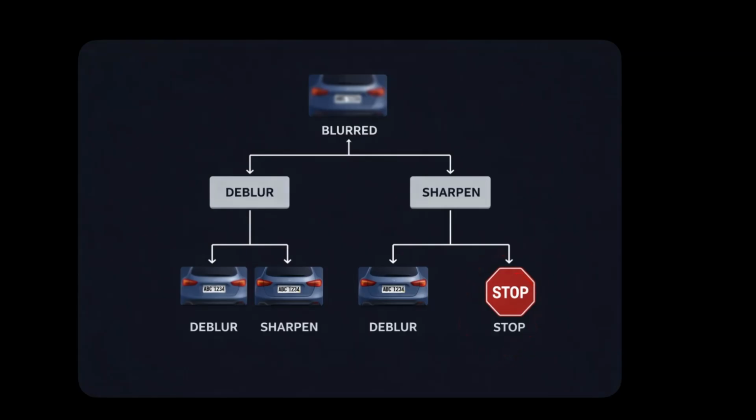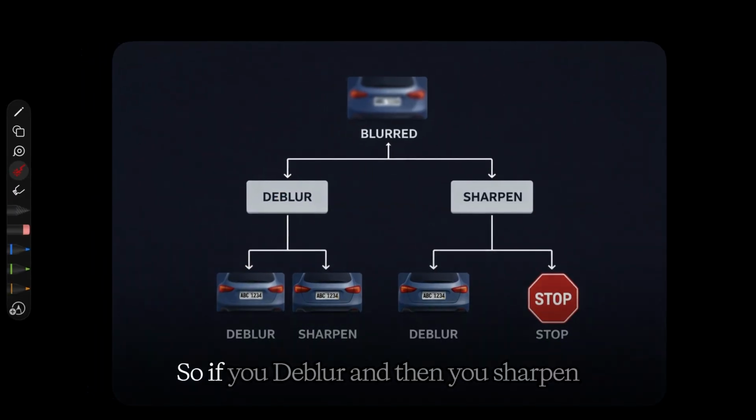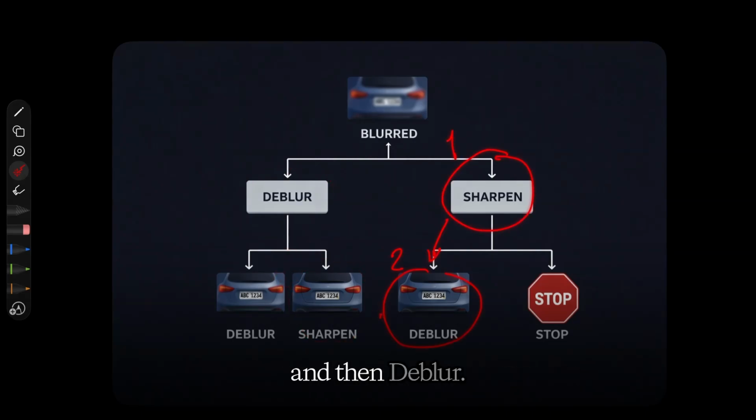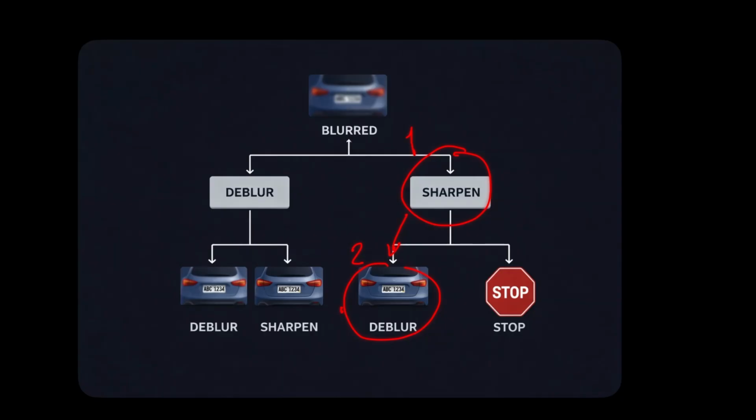This changes everything, because now the agent can see the effects of its actions. And most importantly, the order of the operations matters. If you deblur and then sharpen, it is not the same as sharpen and then deblur. The sequential setup lets the policy see the results of each operator before deciding the next one.